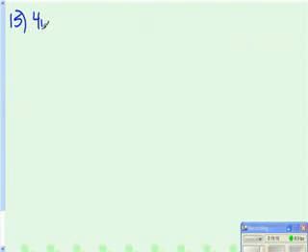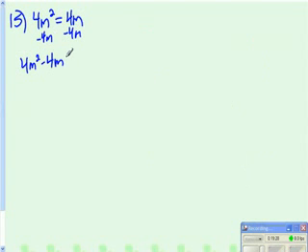Number 15, we have 4m squared equals 4m. Again, subtract the 4m, so we have everything on one side. You basically need to do this anytime there is a squared involved. If there's a squared, you need to make sure you solve it like this. So I'm going to divide out a 4 and an m, because they both have a 4 and an m.